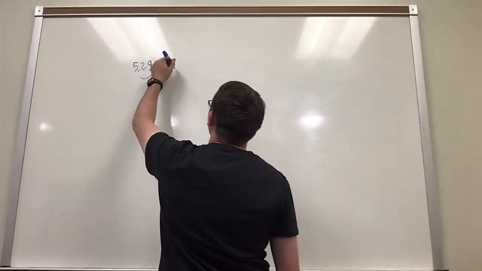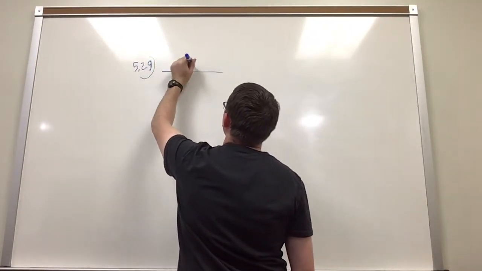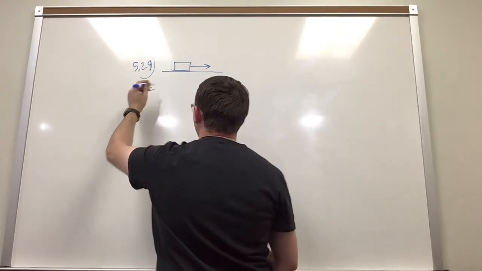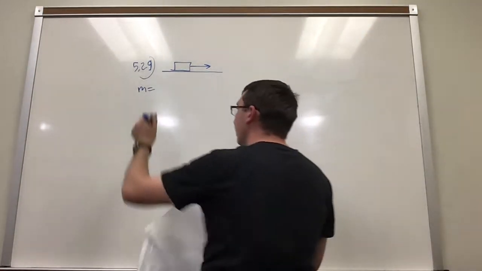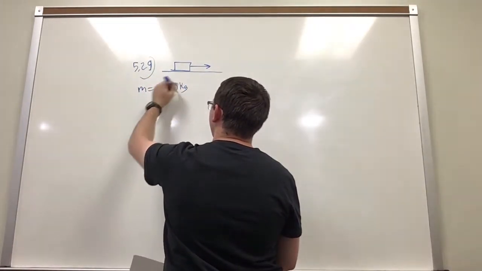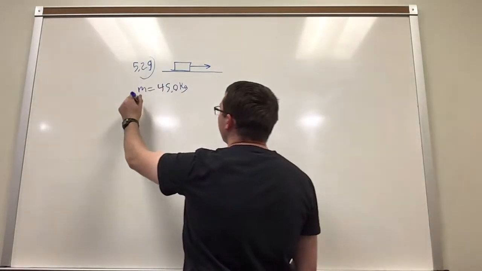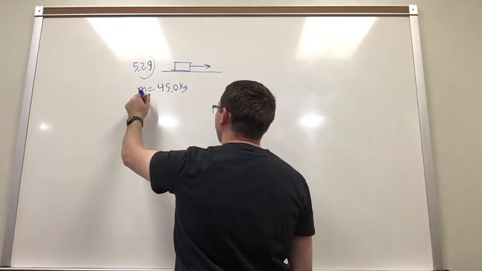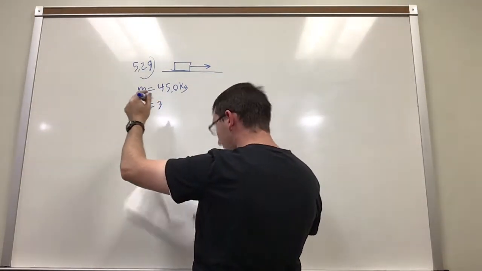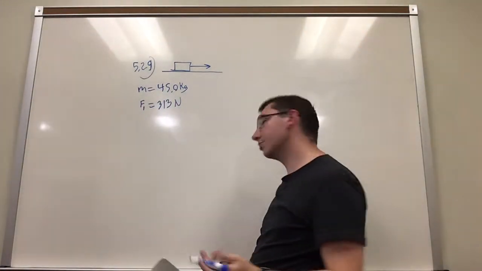So we have a box on the floor that's getting pushed. We know that the box has a mass of 45 kilograms. And we know the initial force is 313 newtons, which is what's required to get the box moving.